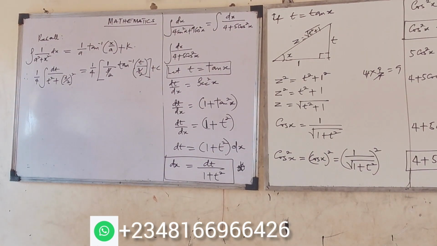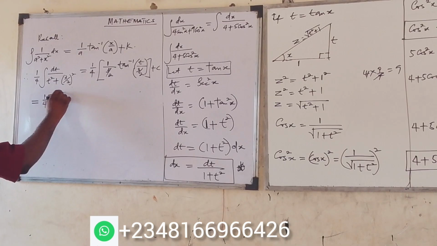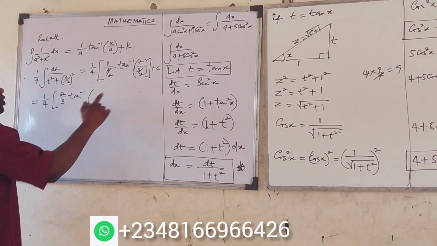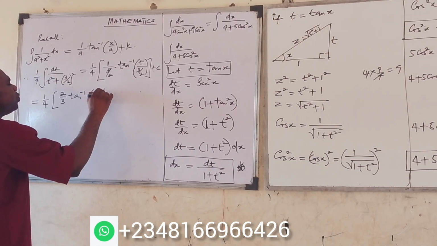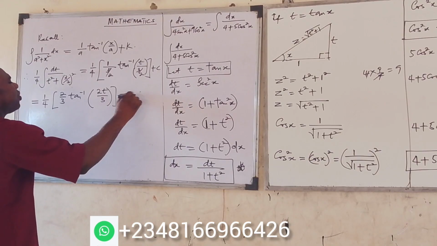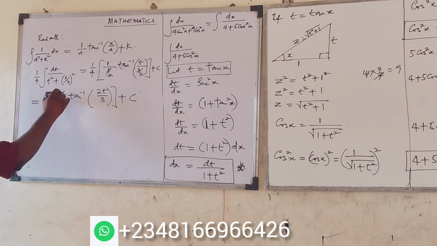So the whole of this will be equal to 1 all over 4. 1 divided by 3 all over 2 is 2 all over 3. Then here we have tan inverse of 2t all over 3, plus constant. So this 2 here is 1, 2 in the 4 is 2.